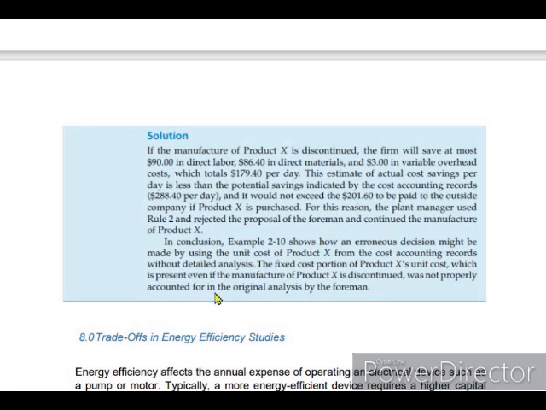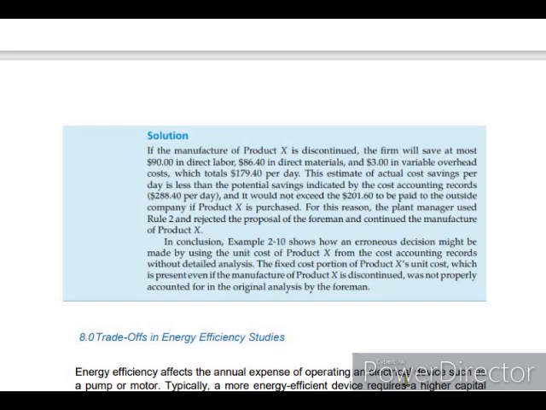Okay, so in conclusion, example 2-1 shows how an erroneous decision might be made by using the unit cost of product X. Because in the accounting records they use the unit cost of product X. That's why they arrive at 288.40 per day.